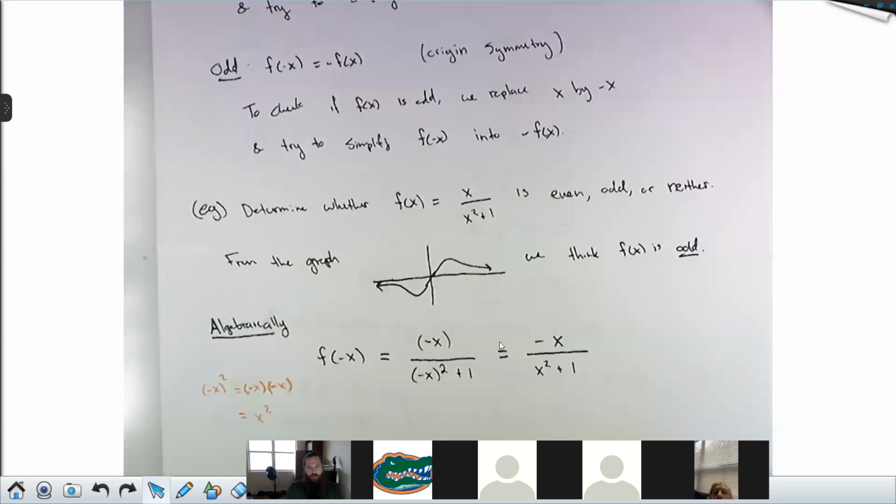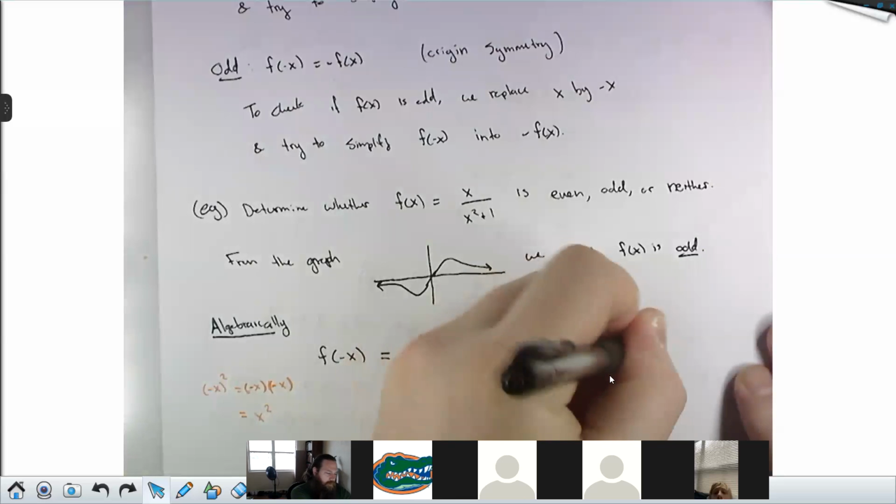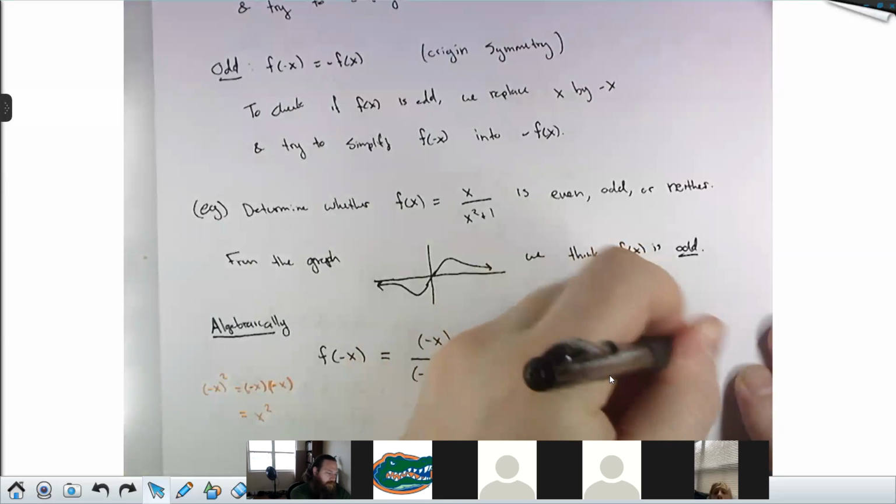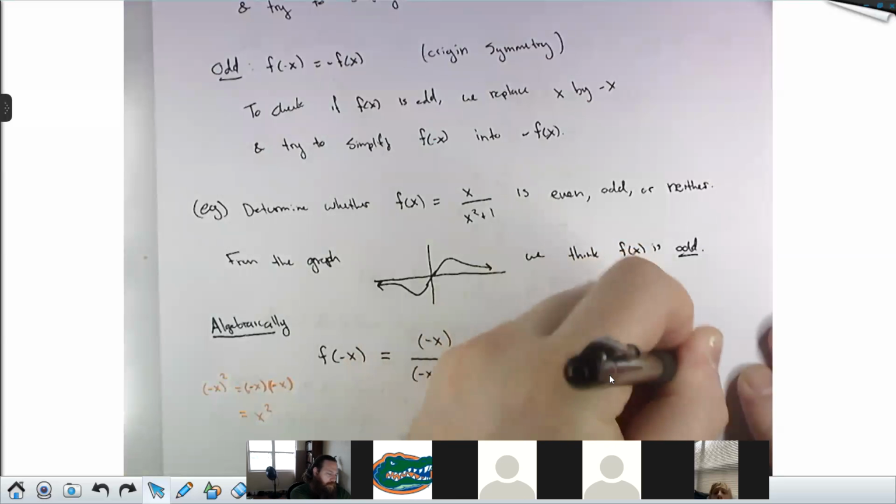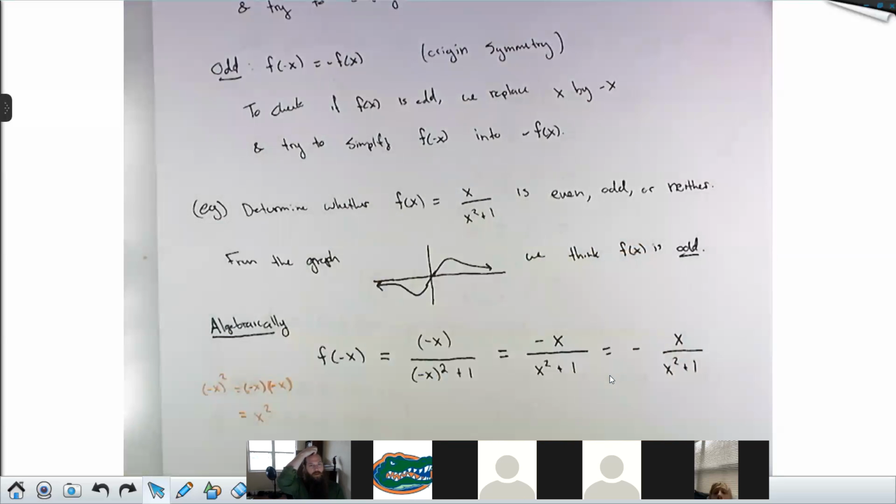So we have negative x over x squared plus 1. And that really is the same as negative x over x squared plus 1. Just like how negative 5 over 2 is the same as negative 5 halves, right? Having a negative upstairs here like this is the same as having a negative out front like this.